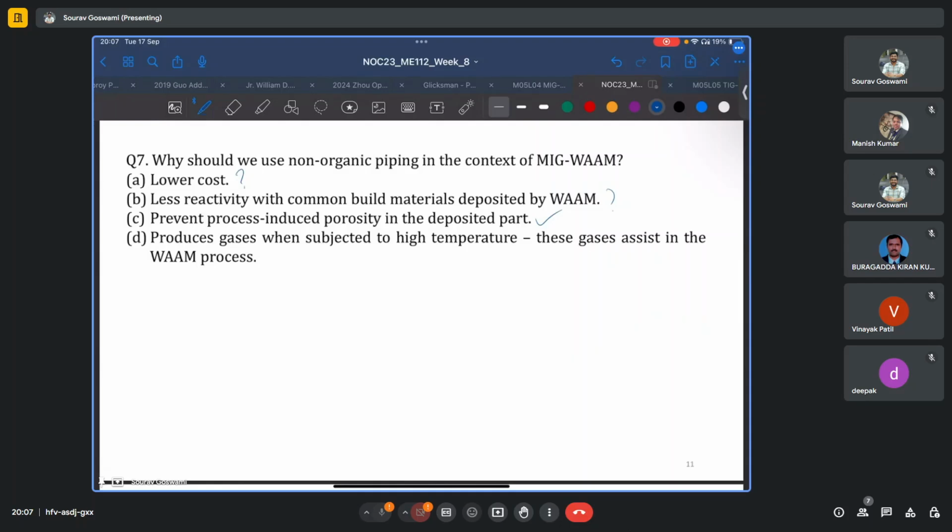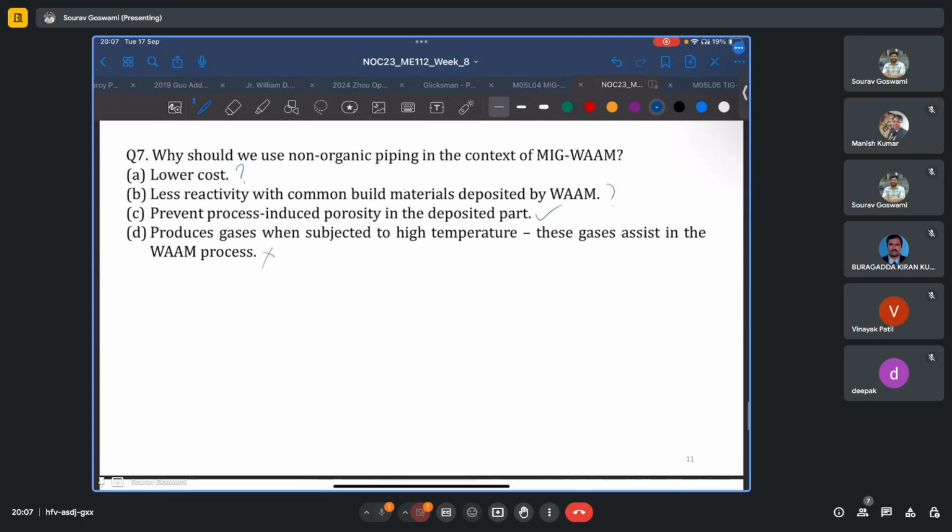However, when they solidify, this solubility tends to go down and the gases are liberated. The liberation of these gases will lead to pores in the final built part. Is it because non-organic piping produces gases which, when subjected to high temperature, assist in the warm process? Again, this is not true. So, option C is correct.